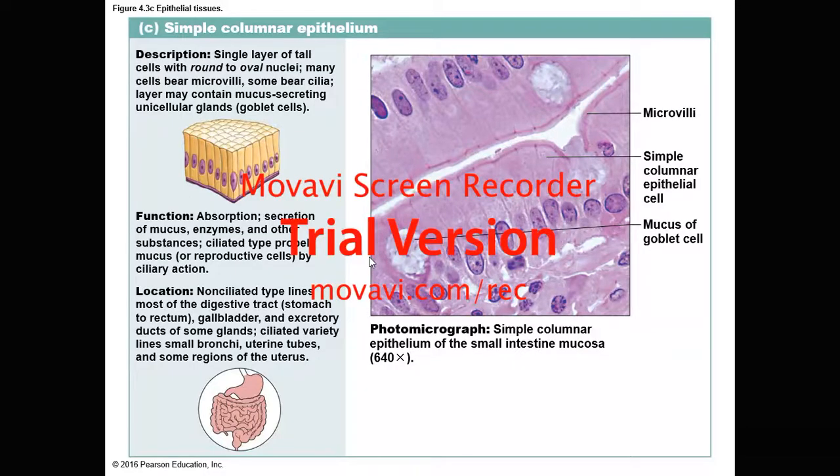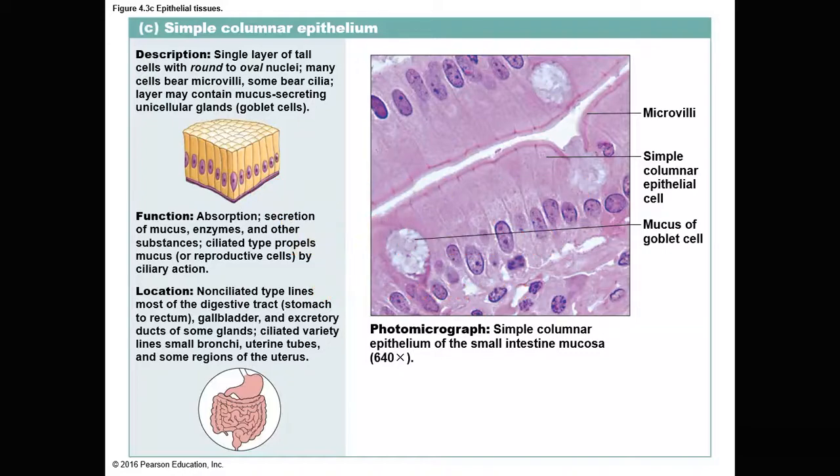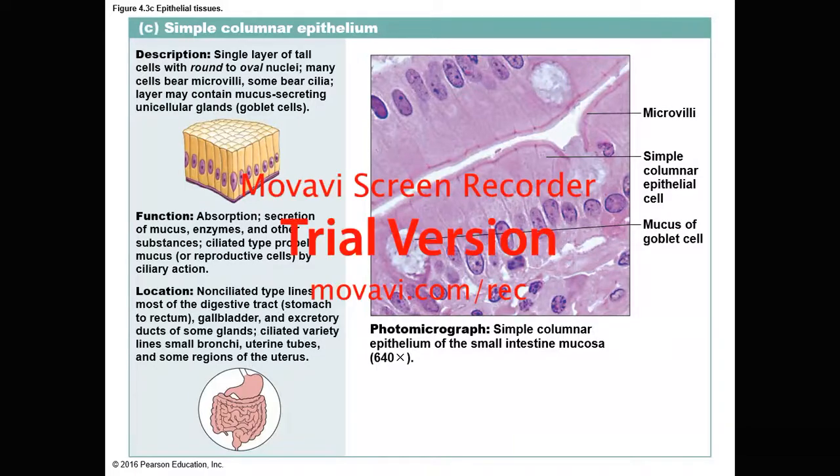This image is of simple columnar epithelium of the small intestine. You may wonder why you would want mucus. Mucus layers can help protect the digestive cells from harsh chemicals, acids, bases, and so forth.